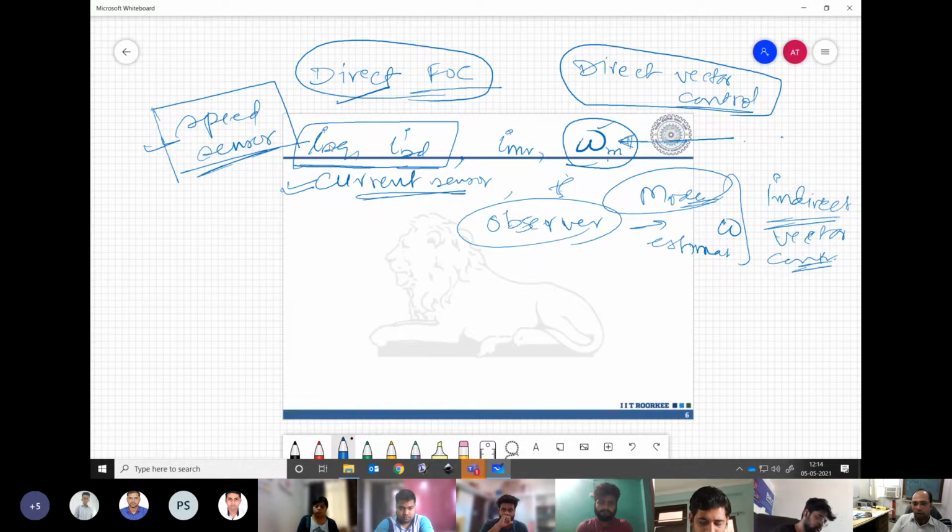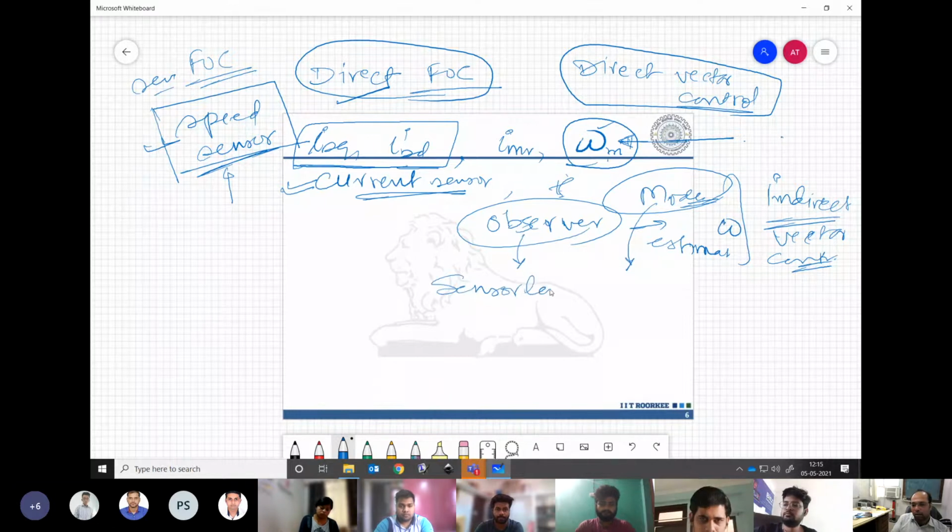Because this all is related with speed sensor, sometimes we call this as field oriented control or sensor field oriented control. And whenever we are having observer or the model, we call it sensorless field oriented control or sensorless vector control.